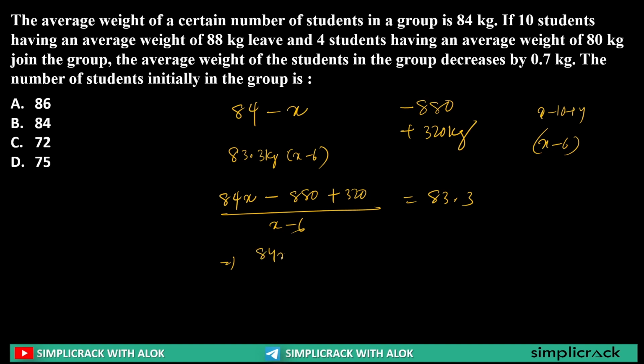Now 84x minus these things will be 560 is equal to 83.3 into x minus 6. Yes sir, you are right.